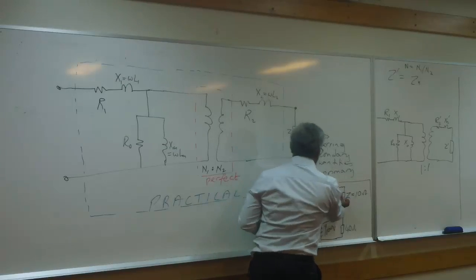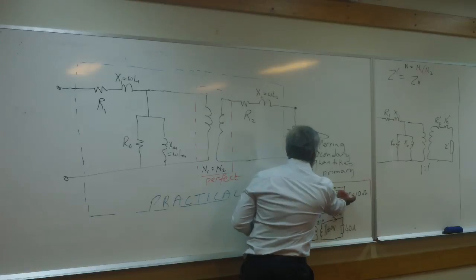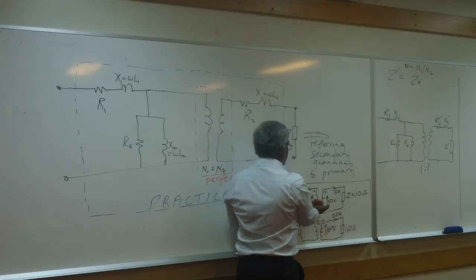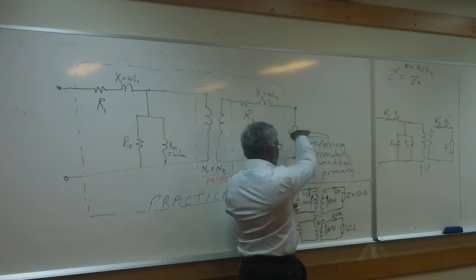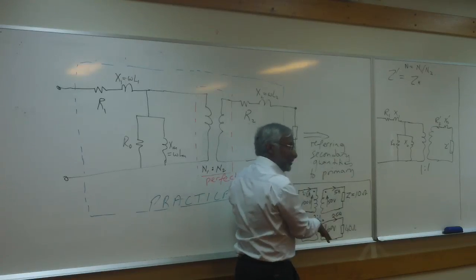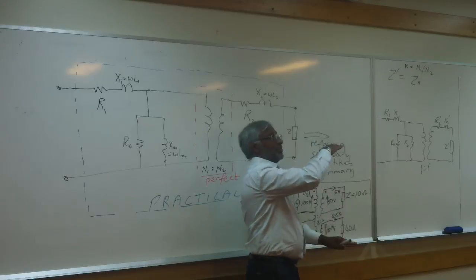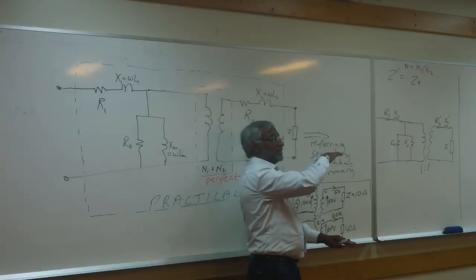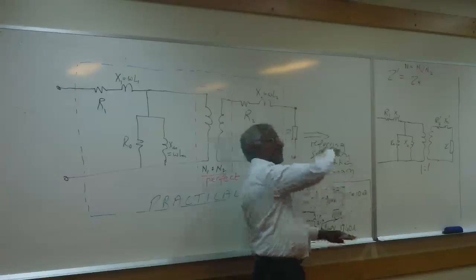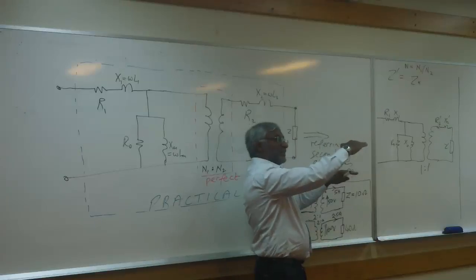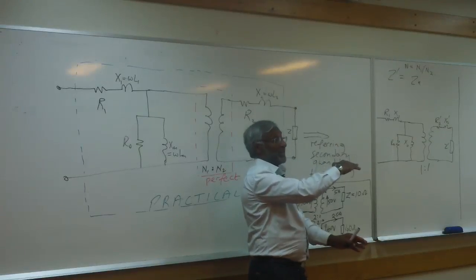But in referring to this side, you are saying, oh, I'll basically pretend that the Z is on this side, but on this side, the voltage is up and the current is down. So if voltage goes up and current is coming down, what happens to your impedance? It's up. Now, voltage goes up by a factor of n. Current comes down by a factor of n. So impedance should go up by a factor of n squared.